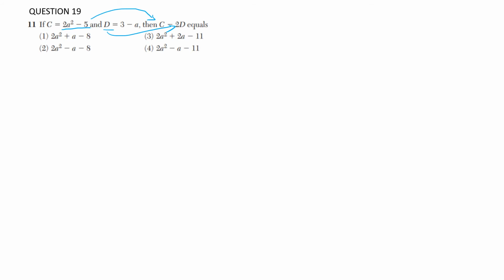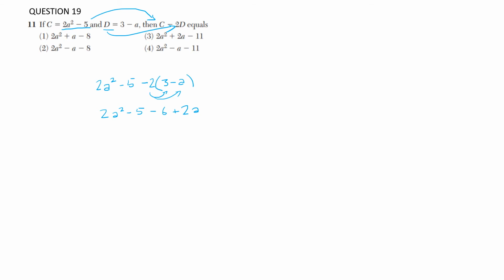So let's pay attention that it's 2d rather than d, and c equals 2a squared minus 5 minus 2 times 3 minus a. So let's distribute this out, right? And we get 2a squared minus 5 minus 6, and then negative times negative is a positive, so plus 2a.